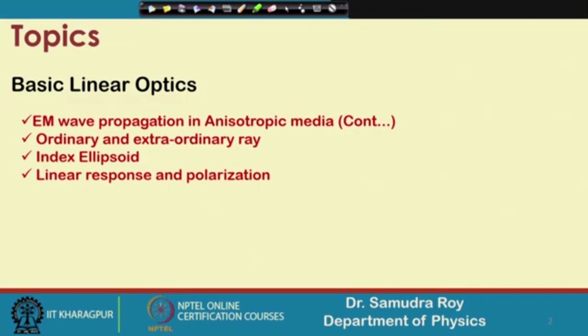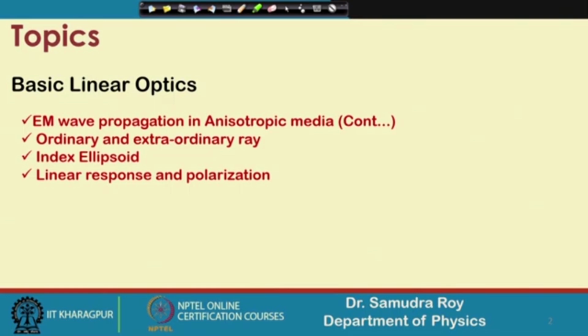This is a topic that we are covering for the last couple of classes or more than that. Then ordinary extraordinary wave or ordinary extraordinary ray, that we also discussed in the last class. Then index surface we have discussed.